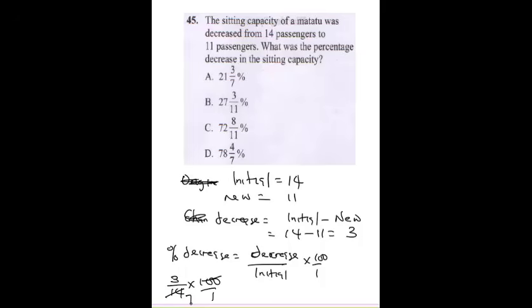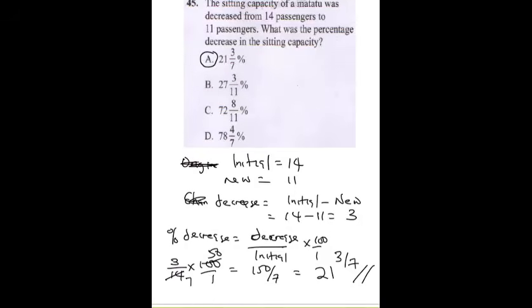You divide here by 2, you're going to have 50. So this is going to be 150 over 7. Now, 7 into 150, you're going to have 21, remainder 3. So it's going to be 21 3/7. Final answer. So the correct answer here is going to be A. So that'll take us to the next question.